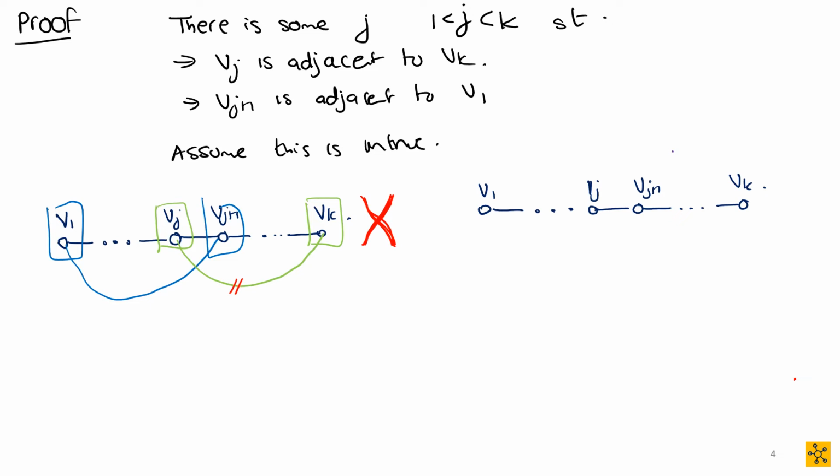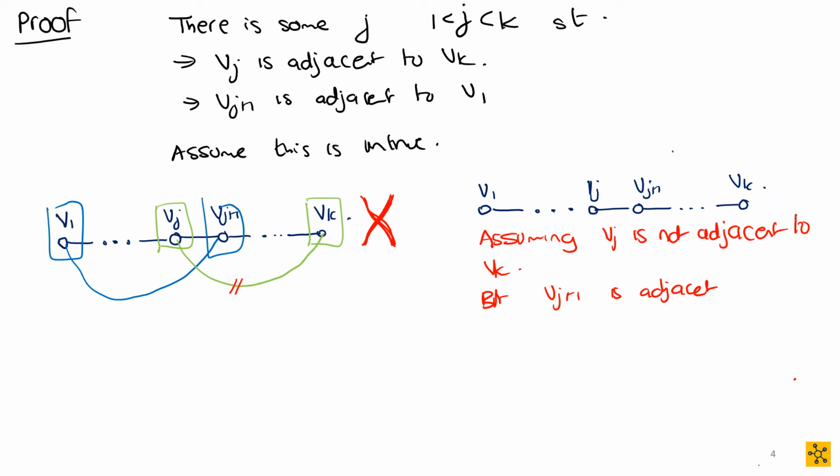Okay, and if that's the case, we can have an overlap of vertices connected to from V1 adjacent to Vk. So we have one overlap, a singular overlap. Here we're assuming that Vj is not adjacent to Vk, but Vj plus 1 is adjacent to V1.